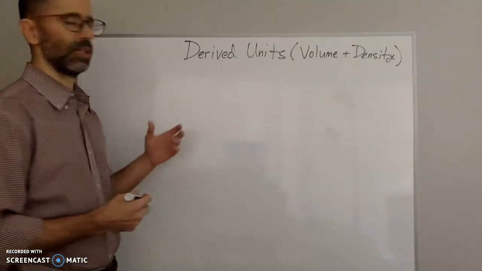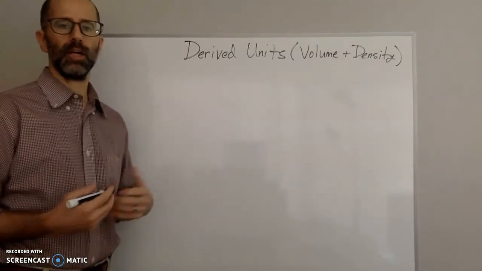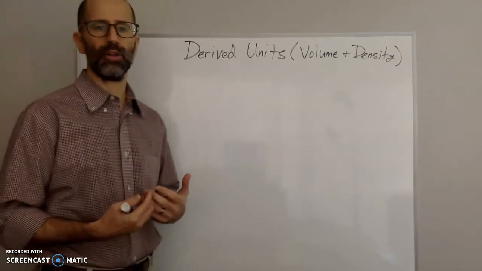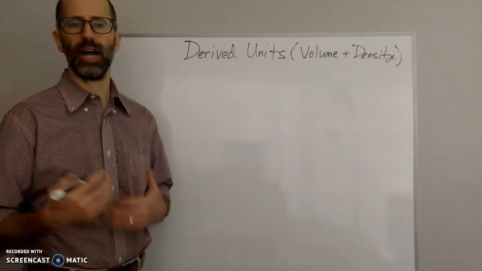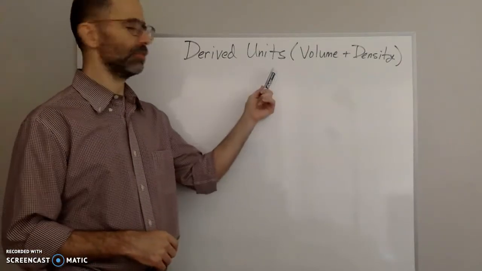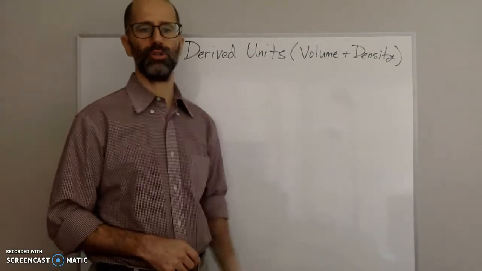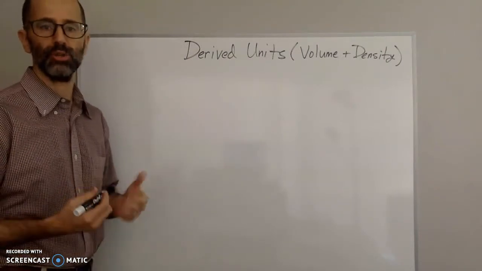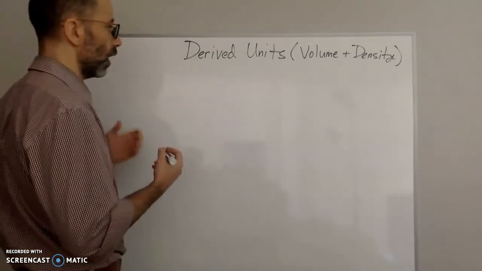So derived units are units that are going to be a mixture of other units in some way. Either you're multiplying the units or dividing the units. So in this video, we're gonna talk about volume and density as examples of derived units, right?